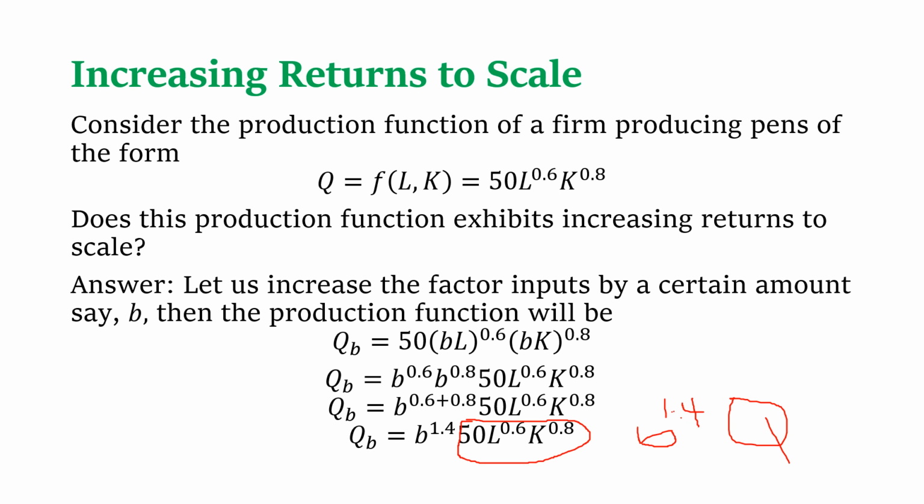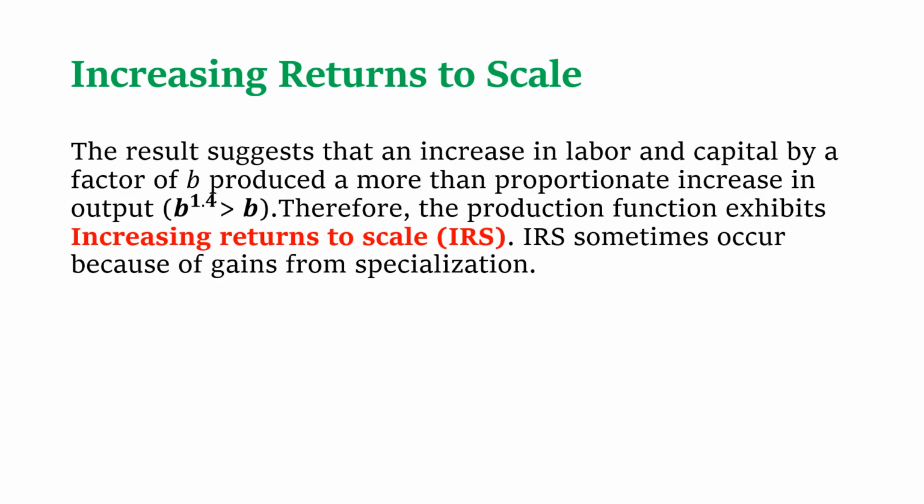So this particular farm production function exhibits increasing returns to scale. That is, if we decide to increase inputs by a certain amount, output is going to increase by more than the increase in inputs. Returns to scale are increasing here.